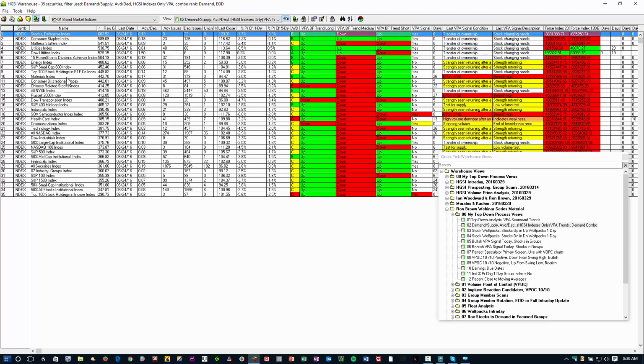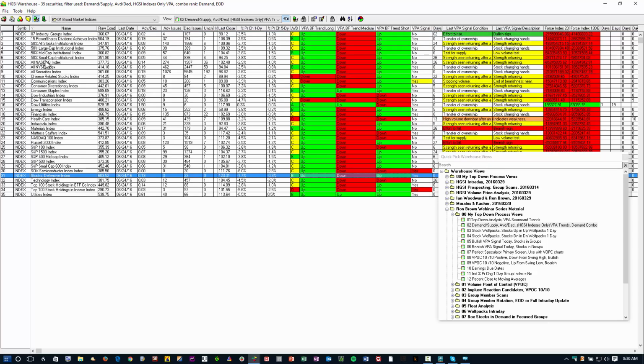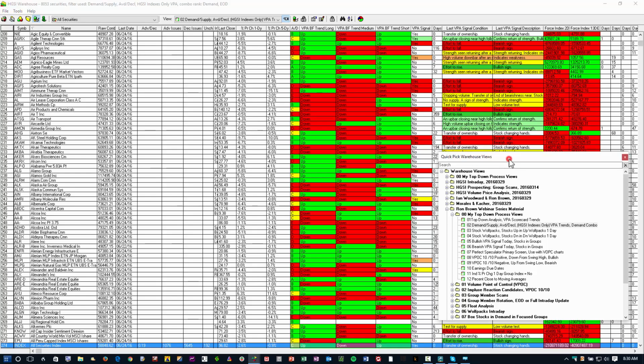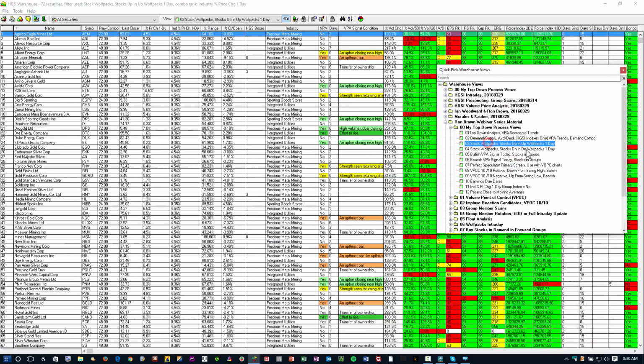Now let's go into all securities. I'm going to right mouse click. I'm going to change to the group. I'm going to move down my list here. These are the stocks up in wolf packs one day. You can see that there are 72 in all securities. In other words, the group had to be up and the stock had to be up.